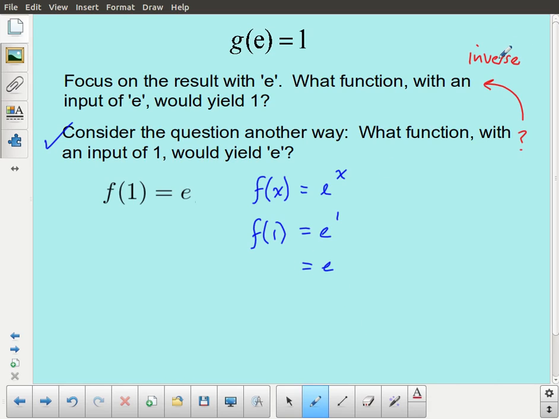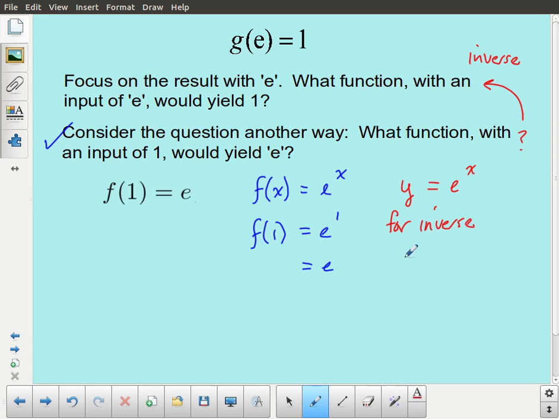In order to consider the inverse, instead of writing f of x equals e to the x, I'm going to say y equals e to the x. And then for my inverse, I'm going to write that. If you look at this, this is in exponential notation.